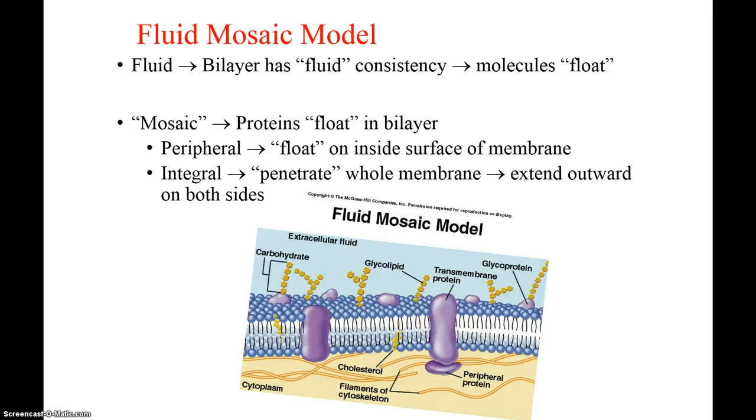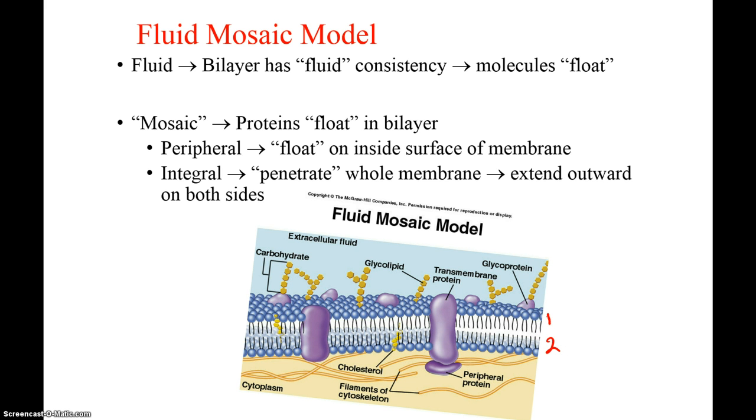It's not some static structure that's glued down in cement. It can move, it can bend, it can do what it needs to do. Mosaic refers to the proteins, which quote-unquote float in a bilayer. So there's 1 layer, 2 layers.